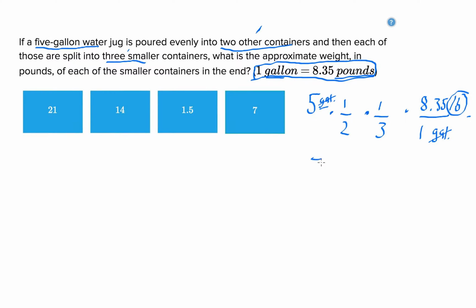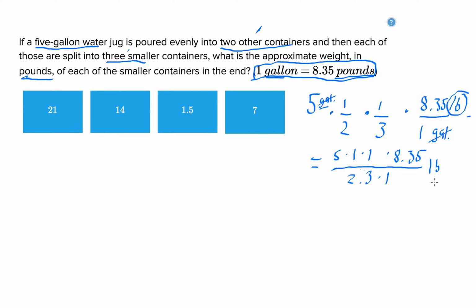So this is going to equal 5 times 1 times 1 times 8.35 in the numerator over 2 times 3 times 1 in the denominator. And remember, this is all going to be in pounds now, which is what we're looking for, because it says that right here.